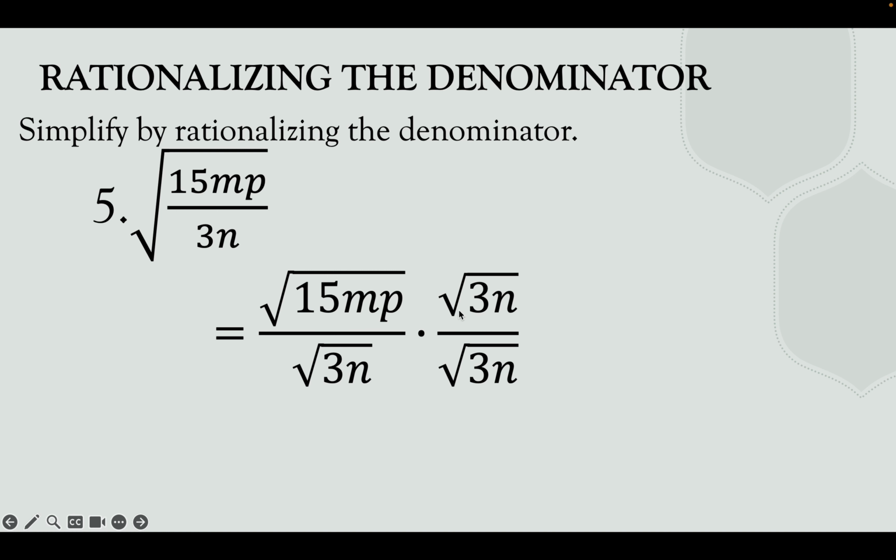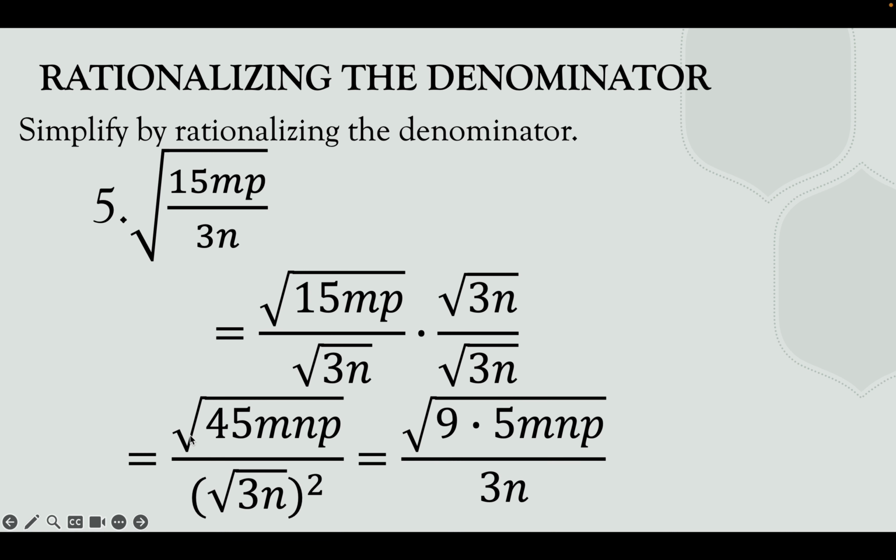So, 15 times 3, we have 45mpn. And the denominator, we have square root of 3n times square root of 3n, we have square root of 3n squared. So we have here square root of 45mnp over square root of 3n squared. We can eliminate the square root and the exponent, so the remaining in the denominator is 3n.